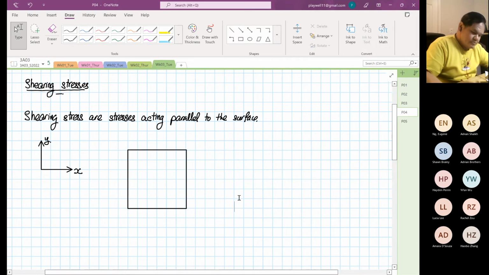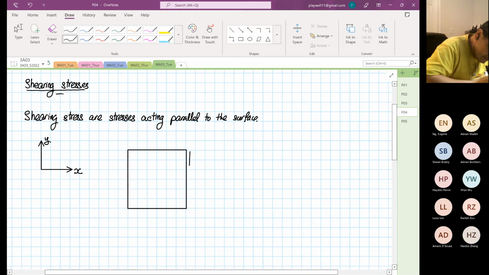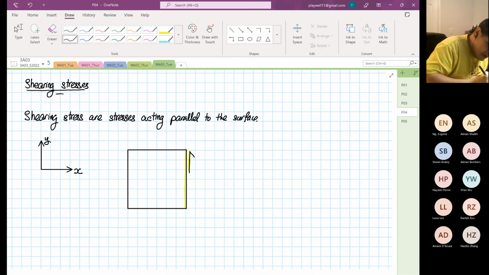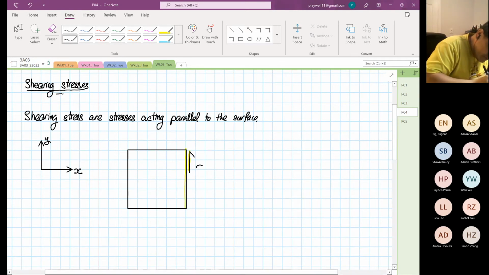And over here, our shear stress, right? You can see this arrow is acting parallel to the surface. And this is what I call shear. The intersecting plane is on the x-axis. The stress is acting in the y direction.